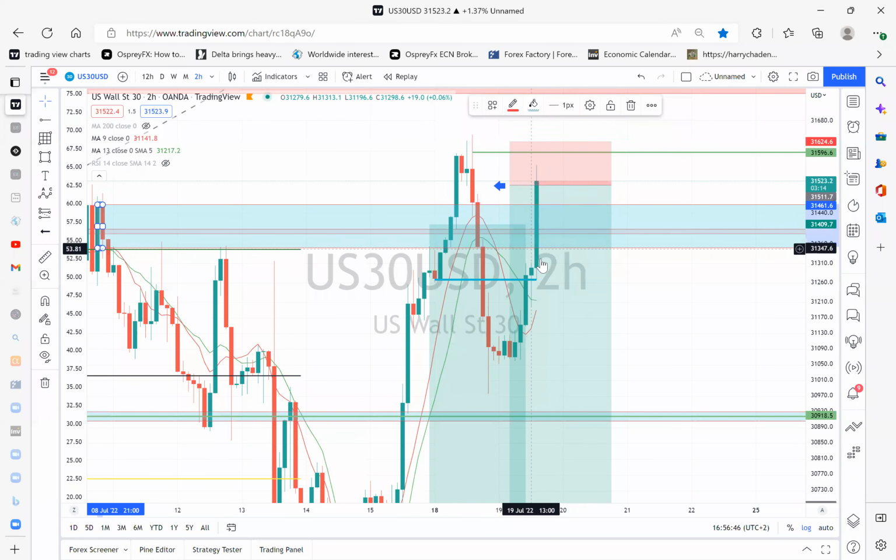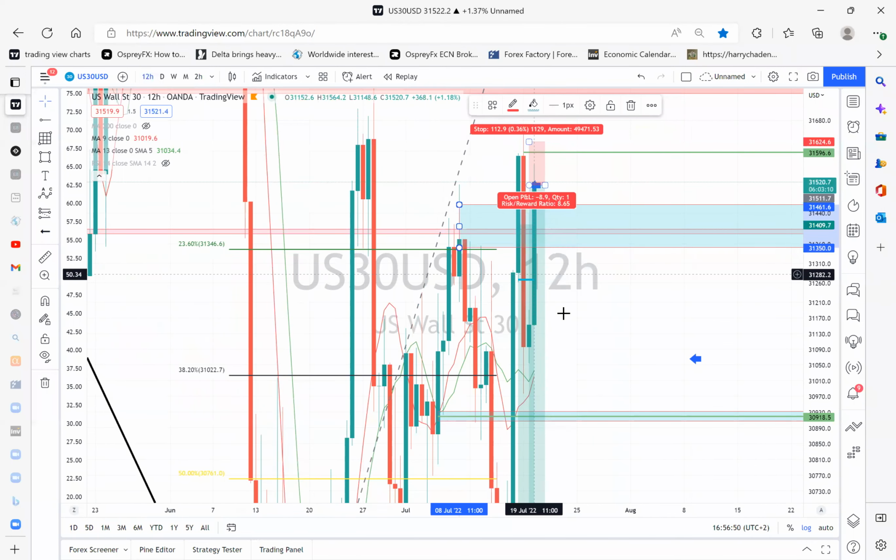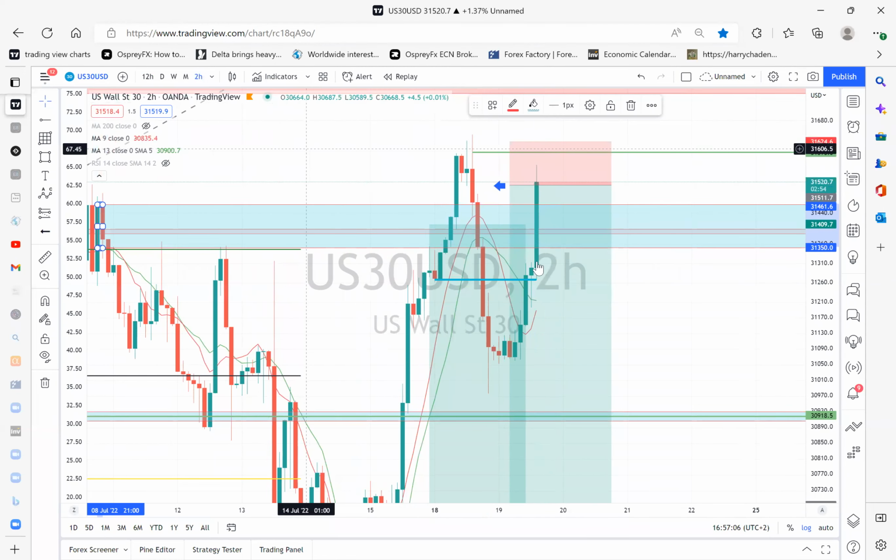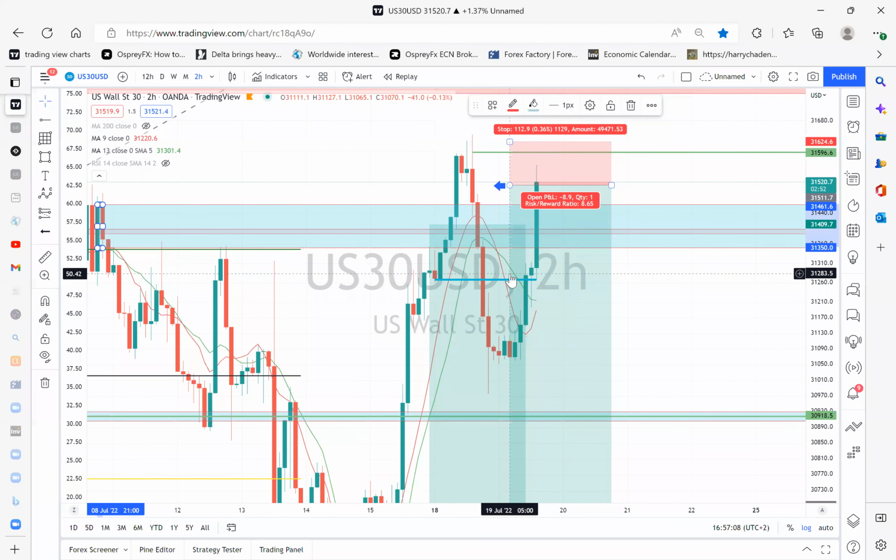We got here to this 2 hour chart because you got to start with the higher time frame. I already saw this bearish order block. This is a 12-hour bearish order block, so I know that the market is going to fail based on it. I just have to drop down the time frame until I can see the change of character.